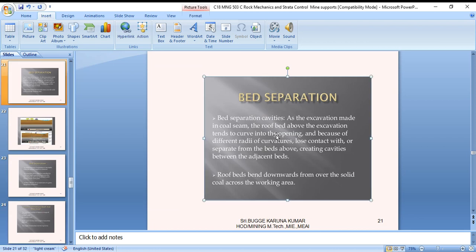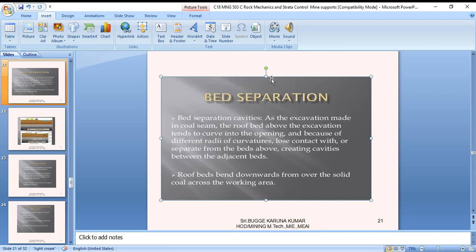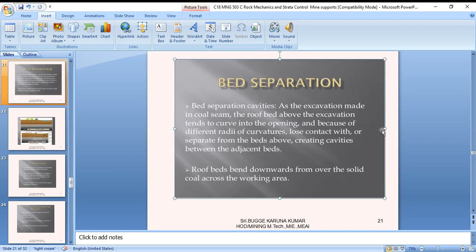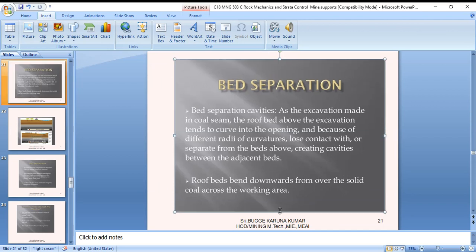Bed separation. Bed separation cavities and excavation made in coal seam.